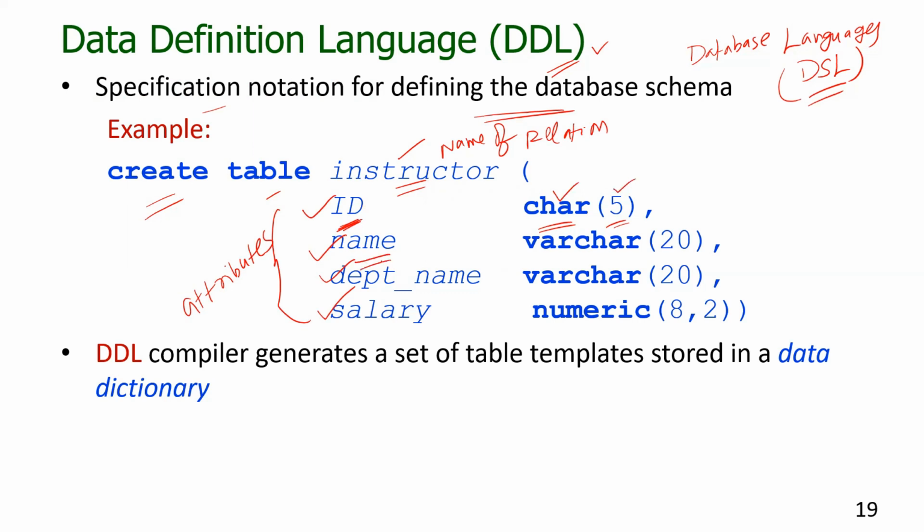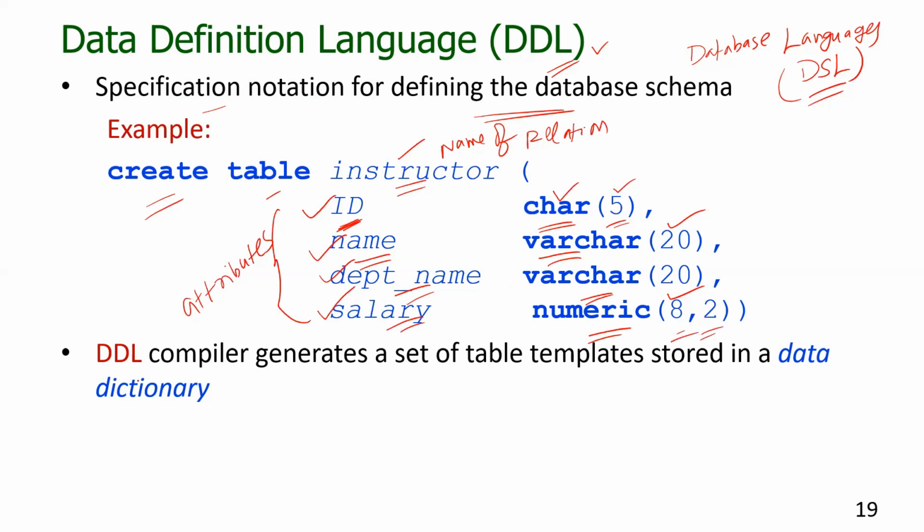The name is the next attribute, it's varchar. Varchar means its size is varied. Suppose a maximum length of 20 characters is given but your size is only 10, the remaining 10 can be reused, that is varying. So varying character, its size is 20. The department name is also varchar 20. Then salary, which is a numerical value, with floating point we give 8, 2 decimal points.